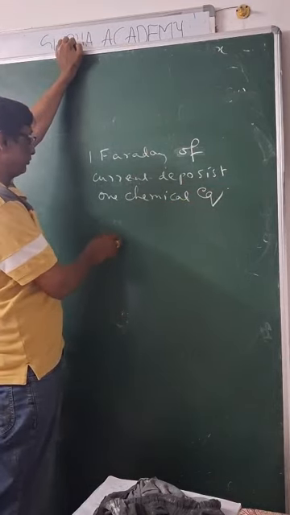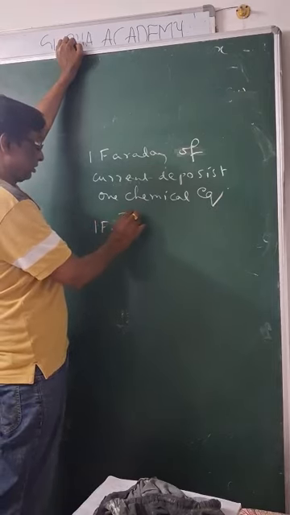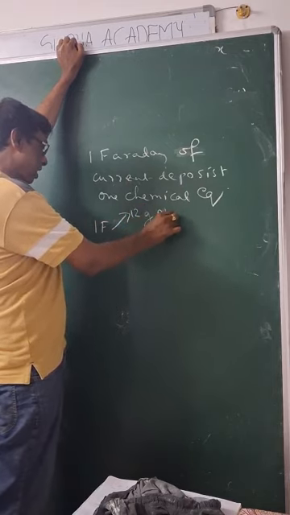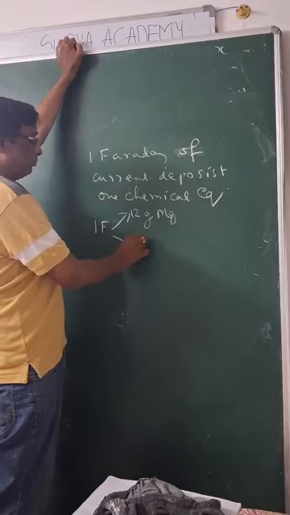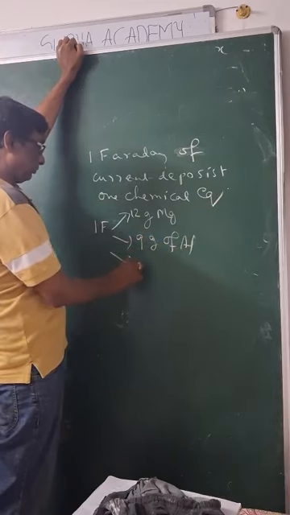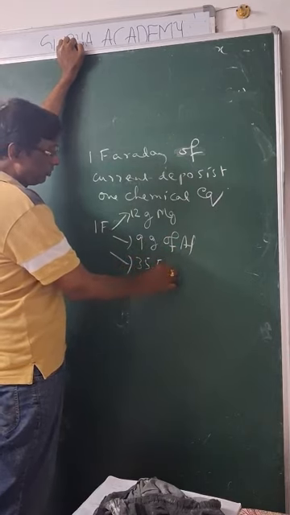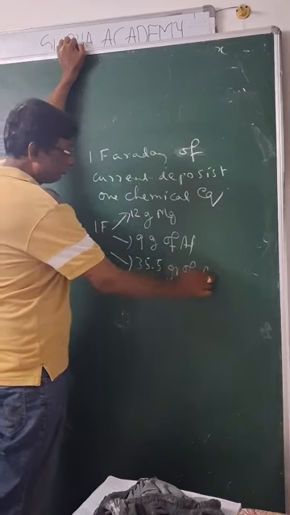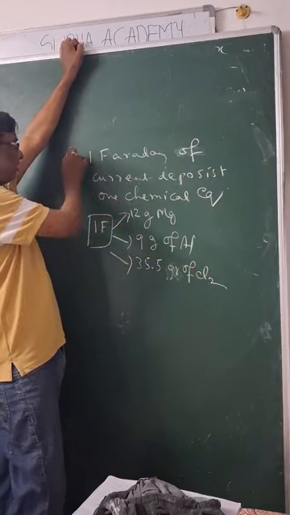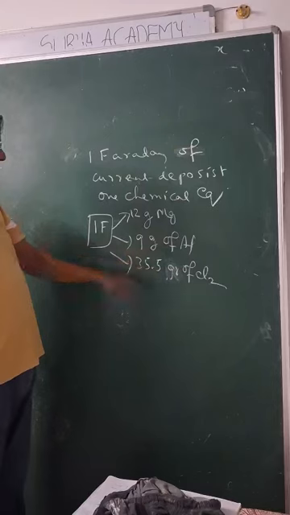For example, 1 Faraday deposits 12 grams of magnesium, or 9 grams of aluminium, or 35.5 grams of chlorine. 1 Faraday can deposit one chemical equivalent.